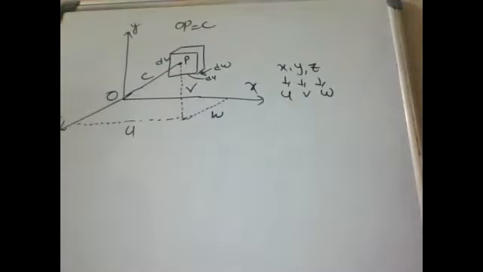So first of all we consider the molecule's velocity c along the OP direction, and in the x, y, z directions the velocities are u, v, w. So consider any gas molecule in three dimensions.